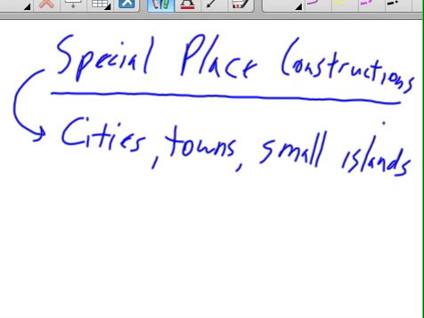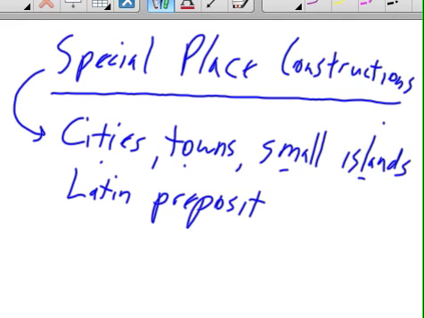What makes an island small, medium, or large? I don't know. Moving on. Cities, towns, and small islands, you can talk about location with regard to these, like to Rome, or from Rome, or in Rome, without using prepositions in Latin. Okay, so cities, towns, and small islands, will they have Latin prepositions?